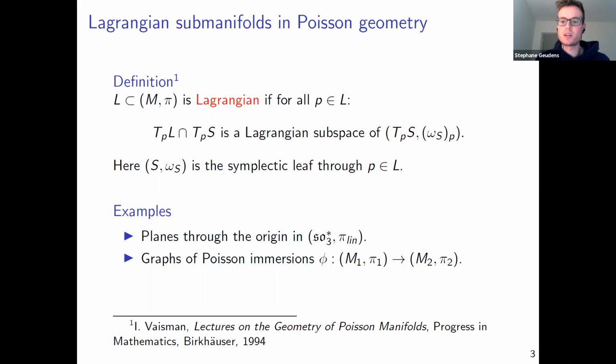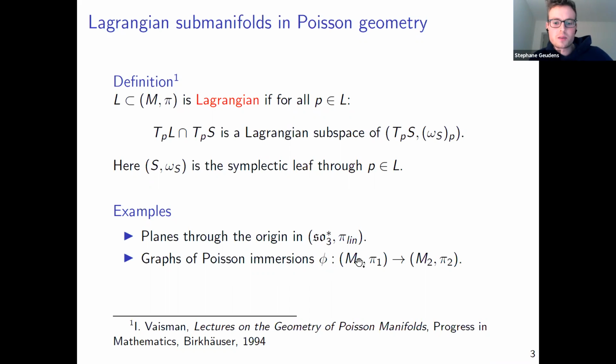If the plane doesn't pass through the origin, then it's tangent to one of the spheres, and at this point of tangency the intersection is all of the tangent space to the leaf, so it's not Lagrangian.